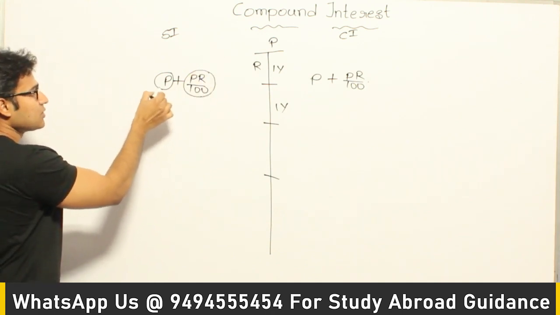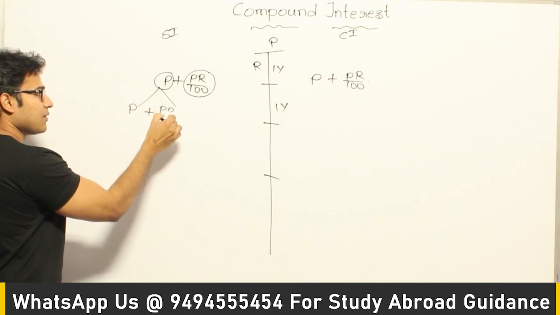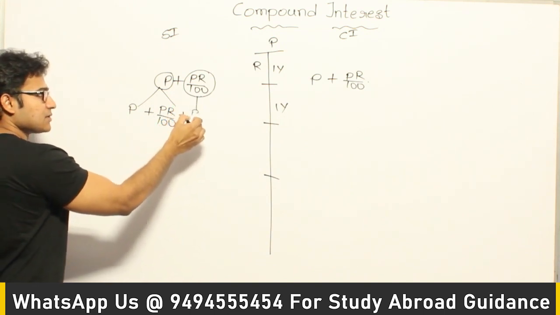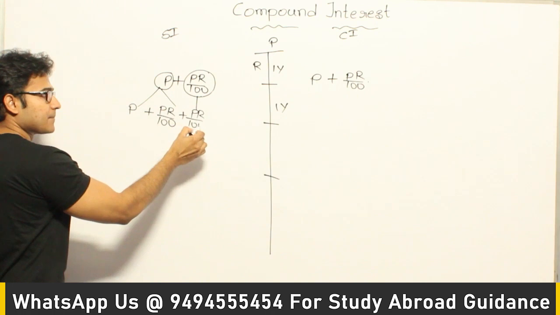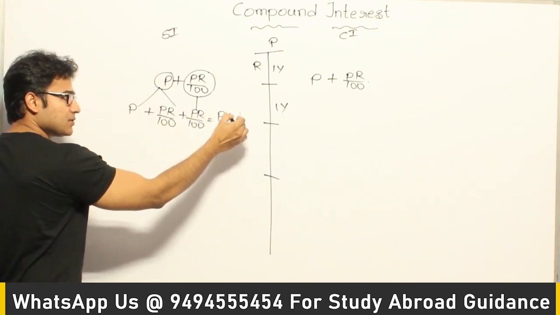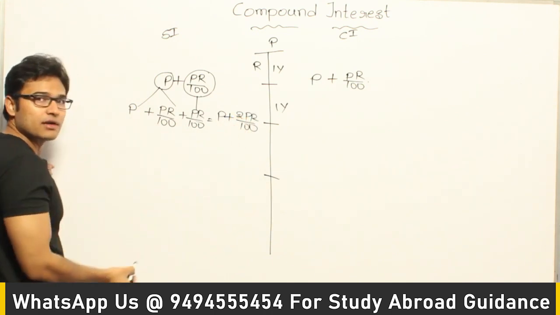Therefore this amount is going to produce P plus PR by 100. Why? Because you are letting it grow for 1 more year, only 1 year, and this amount is going to remain as it is, right? That is why you are going to get it as P plus 2 into PR by 100, right?